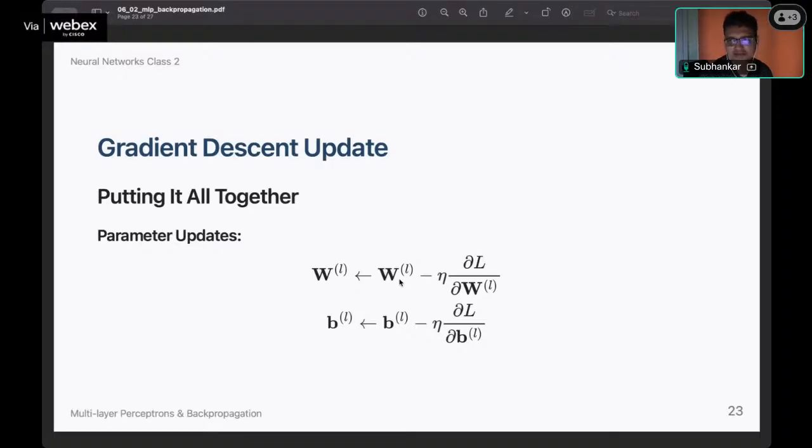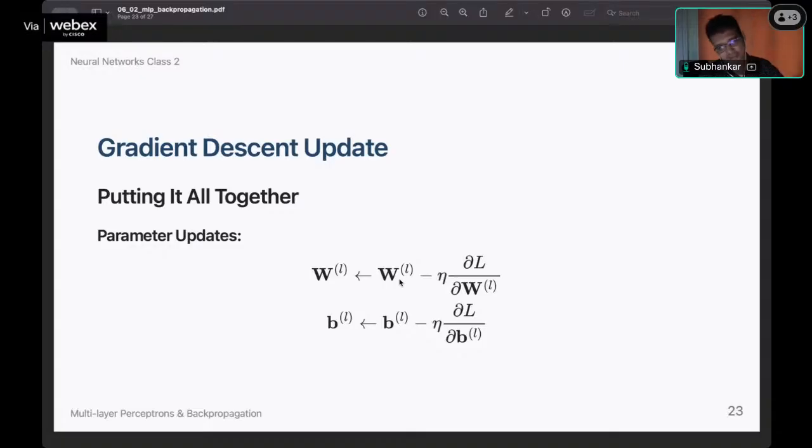So finally, what is the total of everything we do? We start with random weights, and the new weights on every layer will become this. Once we find the derivative, I hope you remember in gradient descent, we don't move in the opposite direction by the whole value. Rather, we use something called a learning rate.